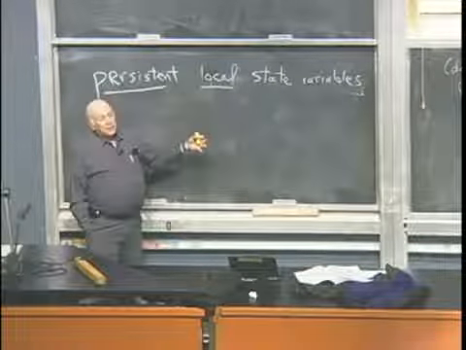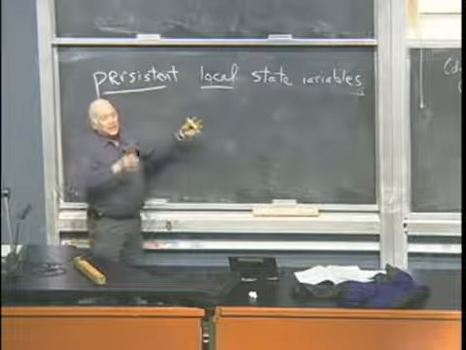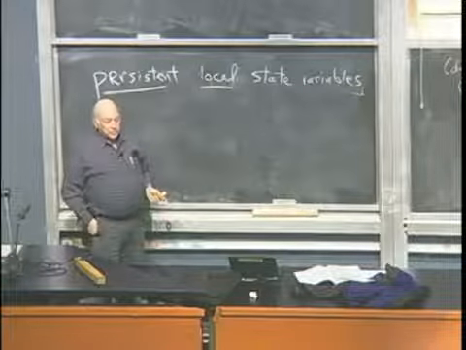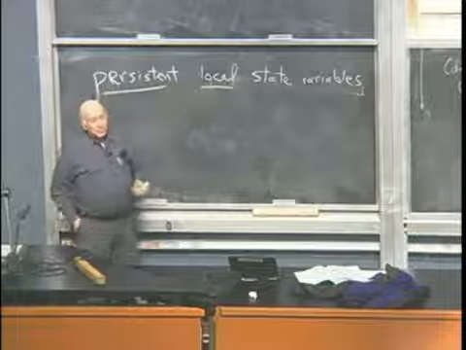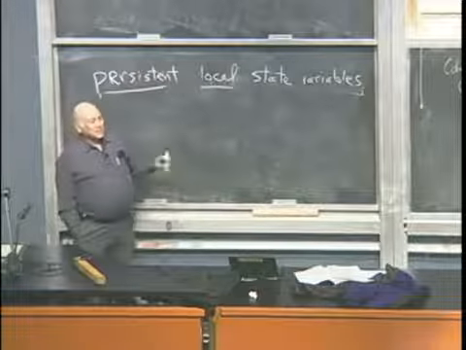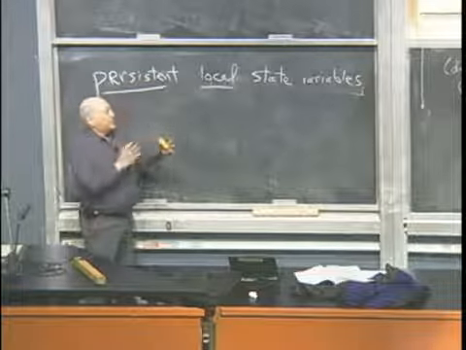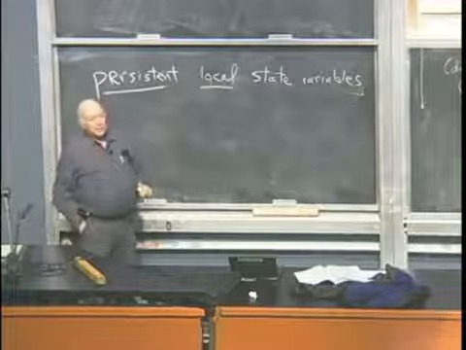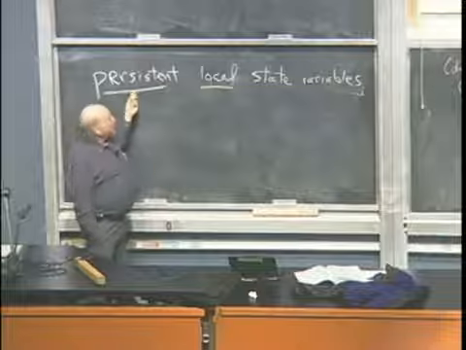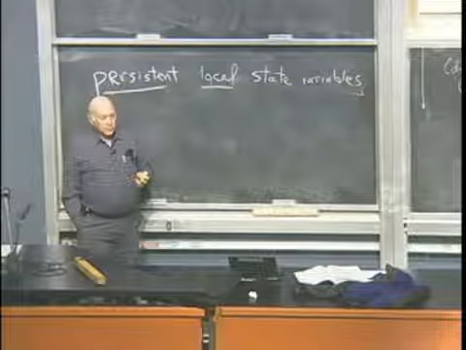They come into being when you run a procedure and disappear as soon as that procedure finishes. So we want something that is the best of both worlds: the cleanliness advantage of locality, so that it's restricted to a particular piece of code, and the persistence of global variables.